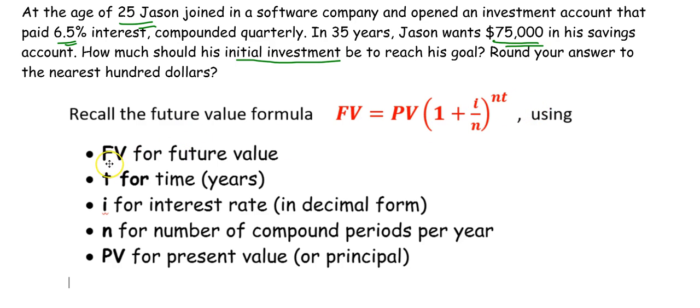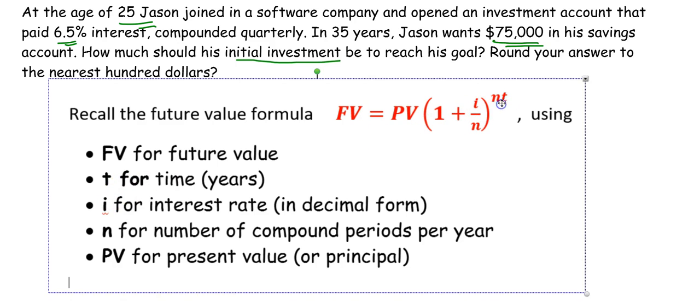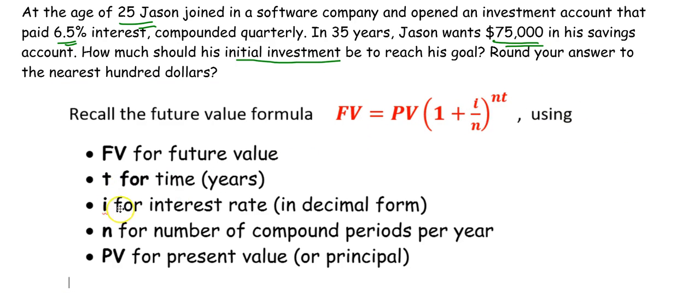In this, FV is the future value, t is the time in years, i is the rate of interest, and we have to write it in decimal form. n is the number of compounded periods per year. PV is the present value.